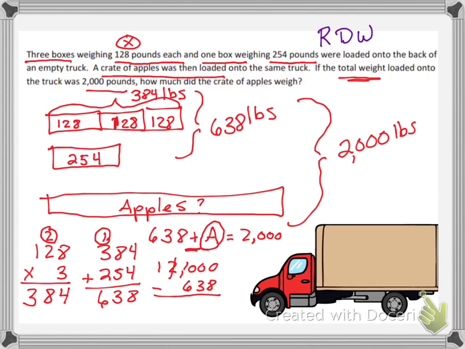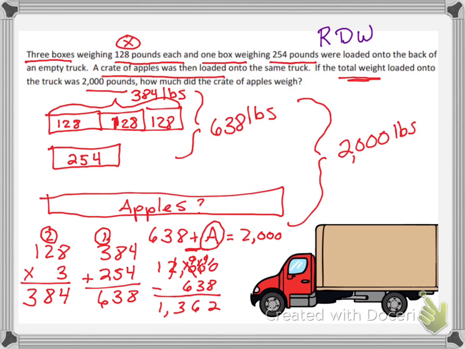Make this a 10, but we're going to have to take another 1 from that because it's not going. This becomes a 9, this one becomes a 9, and this one becomes a 10. 10 minus 8 is 2, 9 minus 3 is 6, 9 minus 6 is 3, and we're left with 1,000.